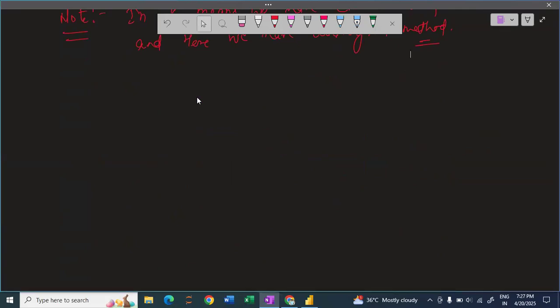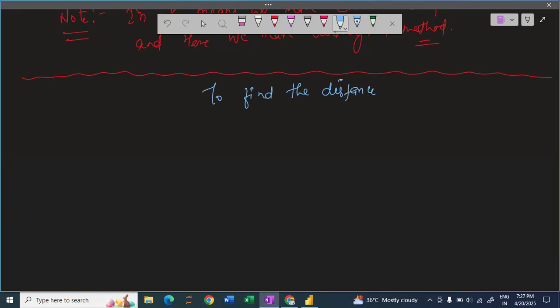The biggest question is how to find the distance between two clusters, and cluster means data points. Okay, you can say we find the minimum distance.